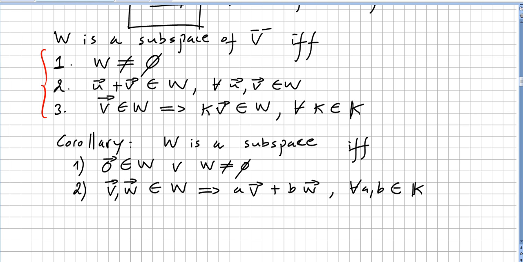Now that I introduced the concept of subspaces, we have a very important corollary.